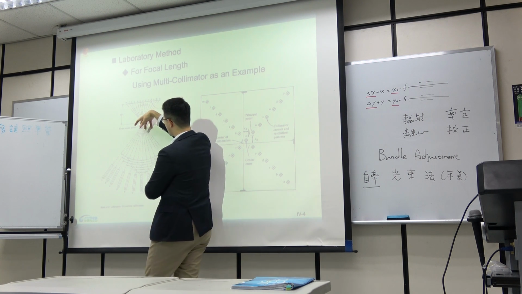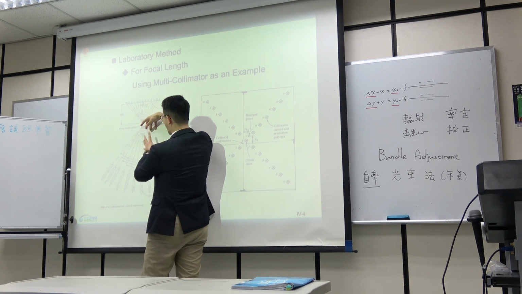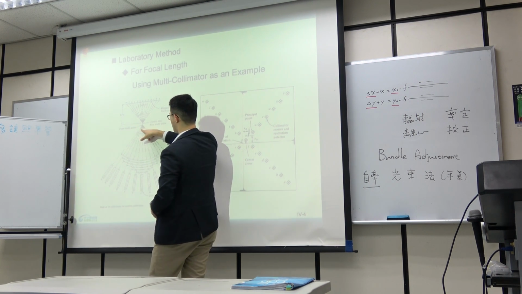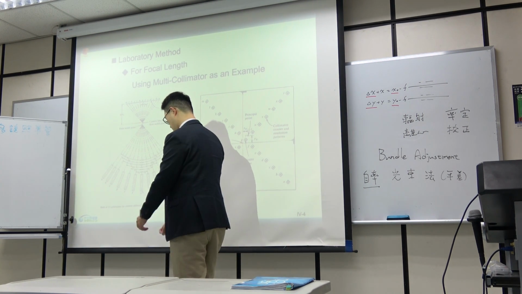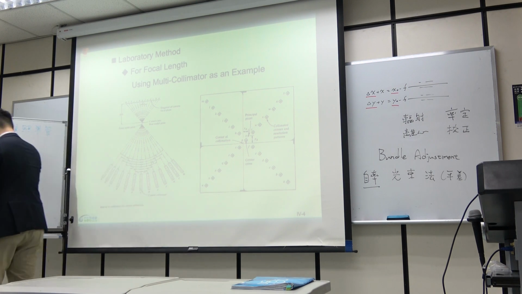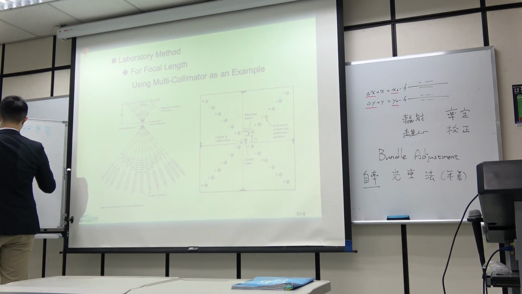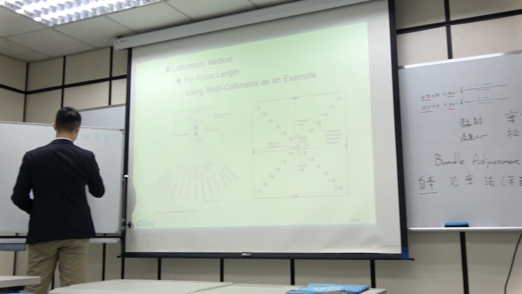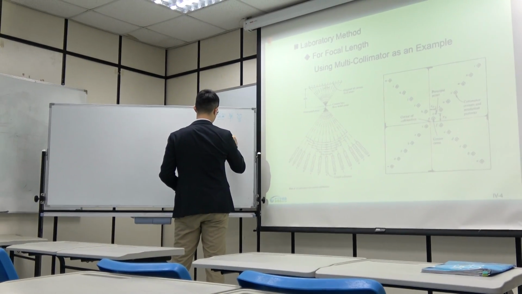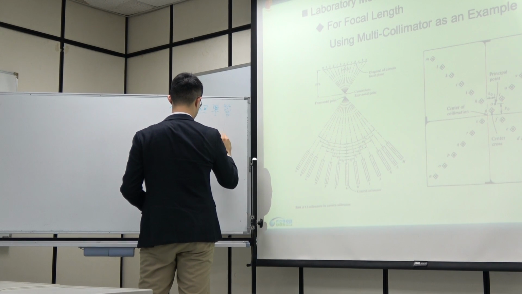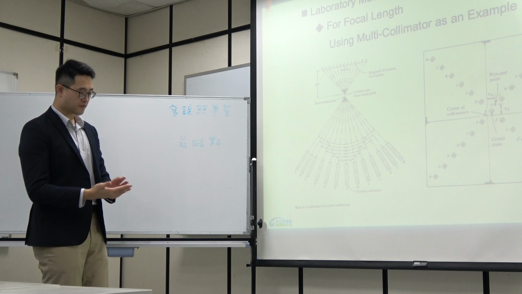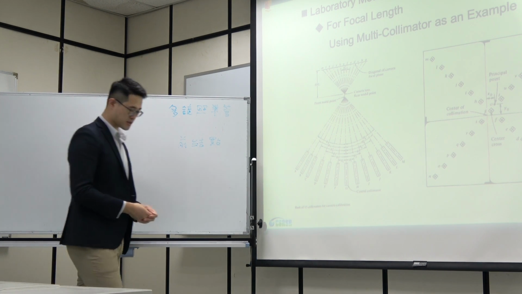And those light rays will point at the front nodal point. This is another term that I haven't told you about. This front nodal point is called 前节. For now you can treat it as the perspective center.